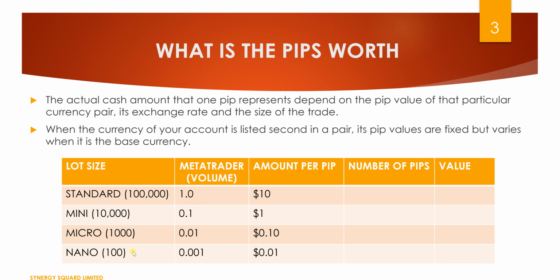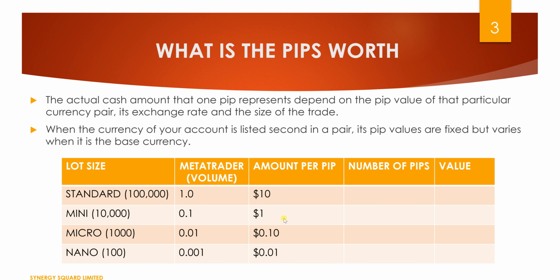Then we also have the nano, which is least mentioned or not even mentioned at all, and insignificant. That is the nano lot, which is 100 units of currency. Here is how you will see it represented: 0.001. Mostly you will not see this in many brokers.